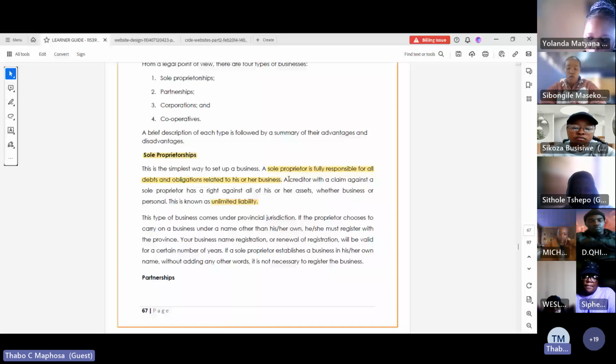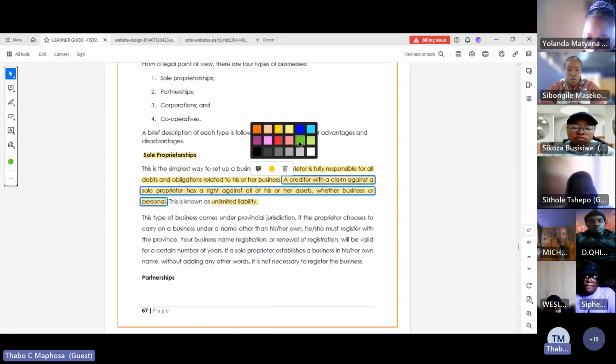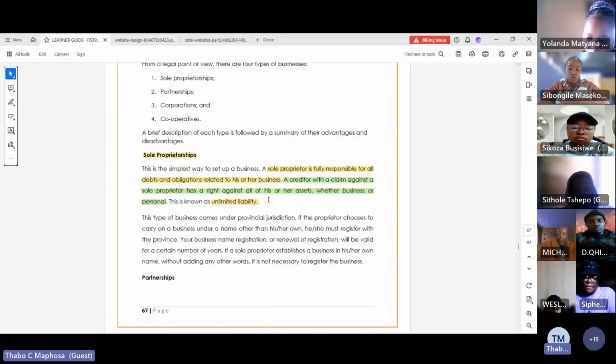Technically, a person that runs a sole proprietorship does not have any limited liability. Your liability is not limited to the business only, but extends also into your house.